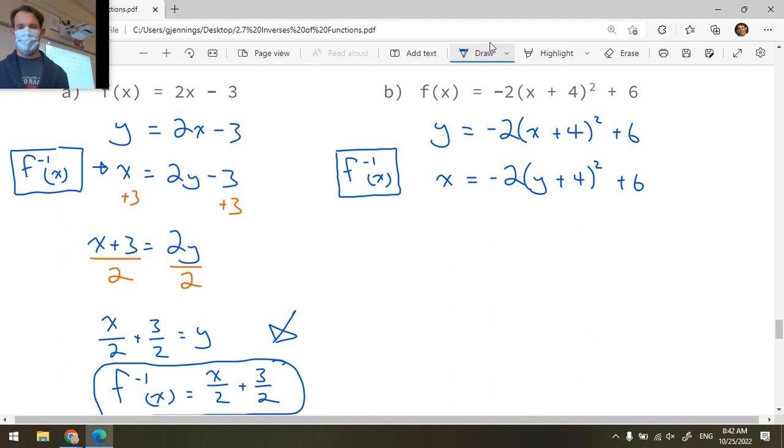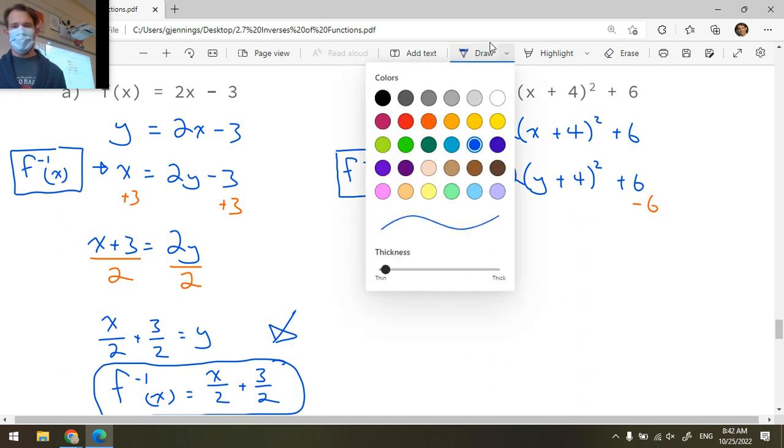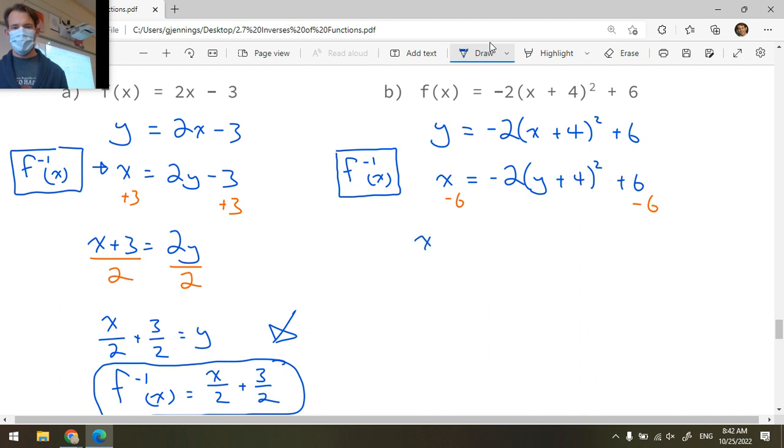Let's go. Get out my inverse operations pen. Deal with this loose addition and subtraction first. I have a new line. x minus 6 equals negative 2(y plus 4) squared. And now I get out my inverse operation pen again.